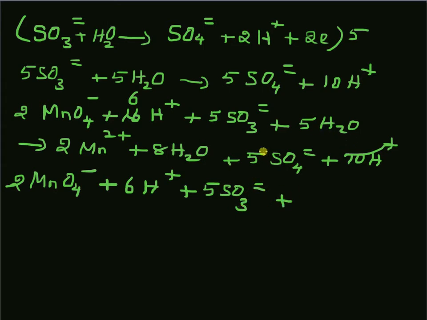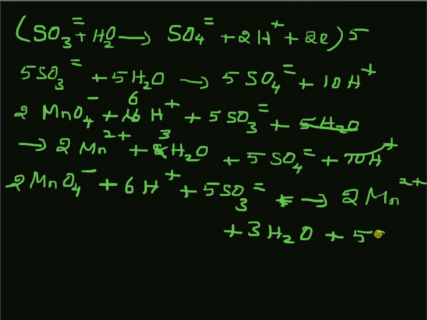Here you have 5H2O, the other side you have 13H2O. So you have no water on the left side. You are having 2 Mn2+, 3H2O plus 5 SO4 2-.